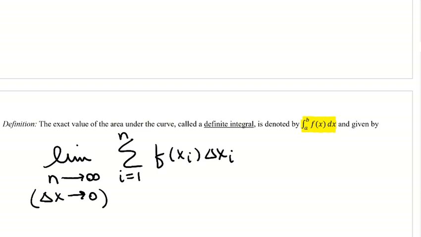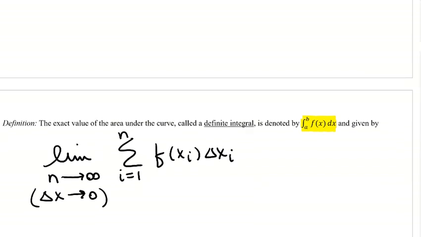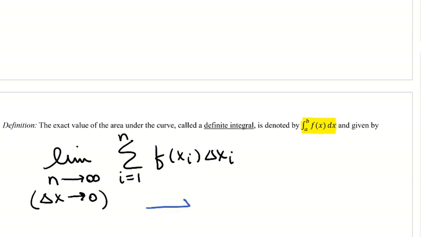And the reason why I want to write the Riemann sum as the sum of f of x sub i times delta x is that as n goes towards infinity, the sum becomes the integral of f of x dx. The f of x goes to f of x, the delta x becomes dx in the limit. And then we'll just put a to b so we know where we are interested in the area of this function.